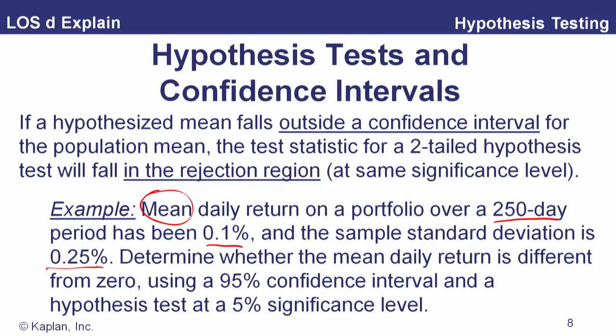Determine whether the mean daily return is different from 0, that is not equal to 0, using a 95% confidence interval and a hypothesis test, therefore, that has a 5% significance level, 5% in the tails.